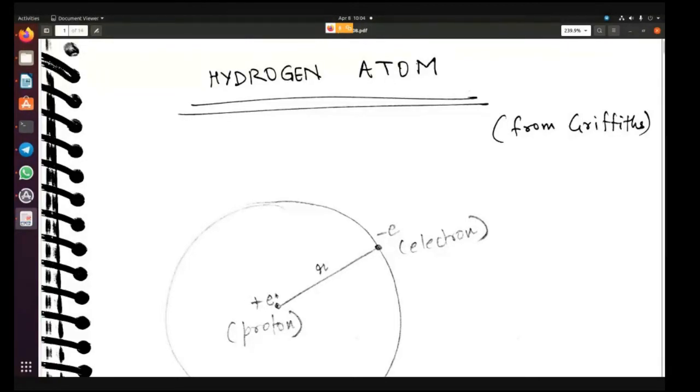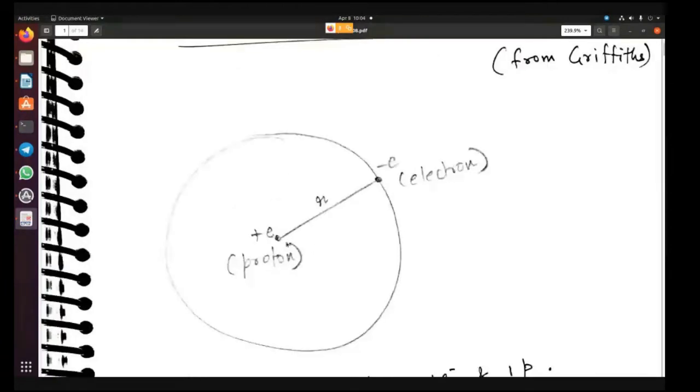So we can assume that with respect to the electron, the proton is almost at the origin, staying at the origin, and the electron is now moving around this origin. And the distance between electron and proton is r.